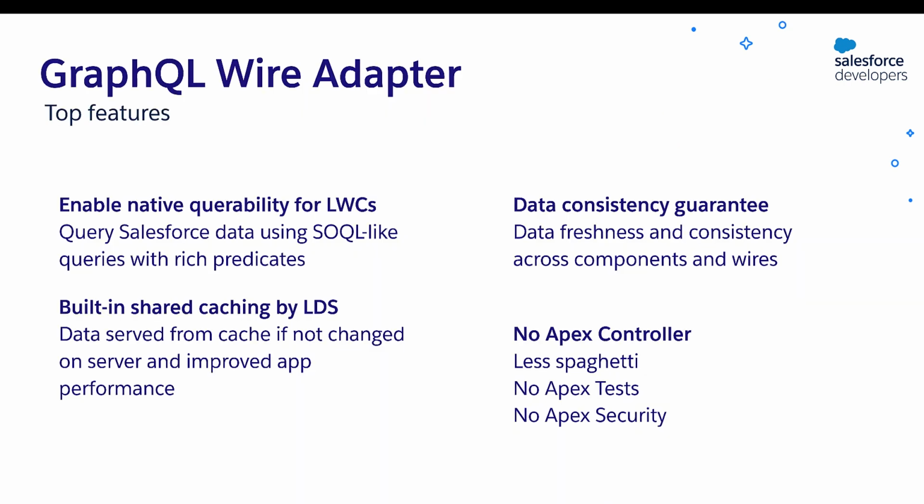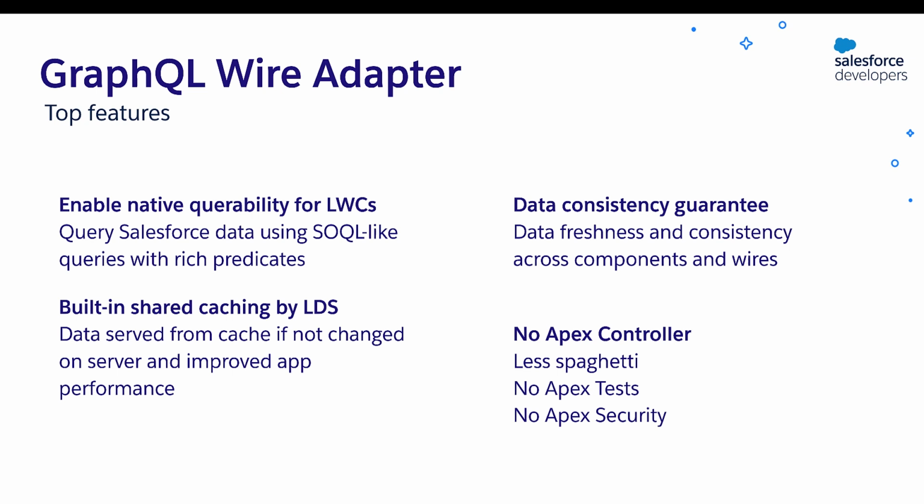The wire adapter's top features: this enables native queryability for LWCs. So you'll write your queries within your LWC, your SOQL-like query. It is using LDS, Lightning Data Service, which is extremely important, and this guarantees data consistency.